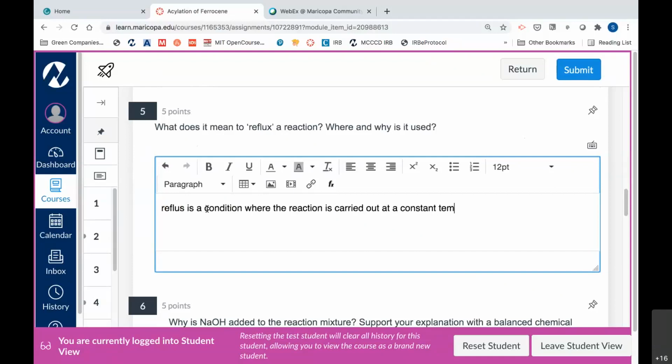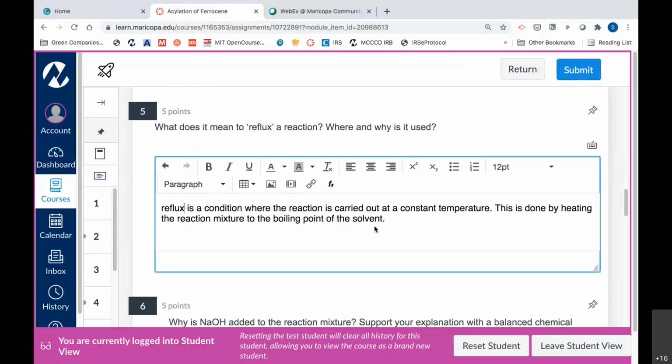So instead of hoping the instrument will maintain a constant temperature, what you do is you heat the reaction mixture to the boiling point of the solvent. So if you just heat it to the boiling point of the solvent, then you achieve what is called a reflux condition.